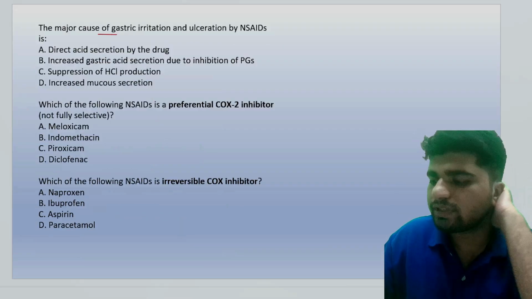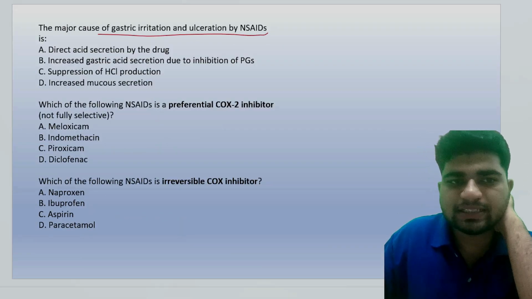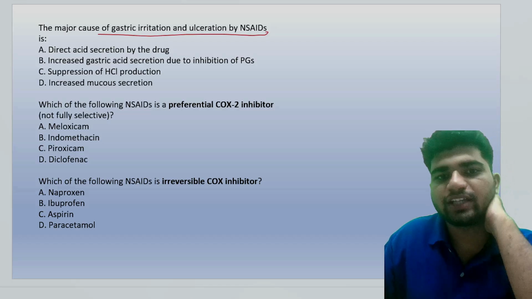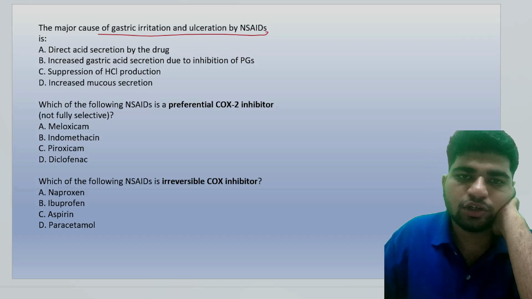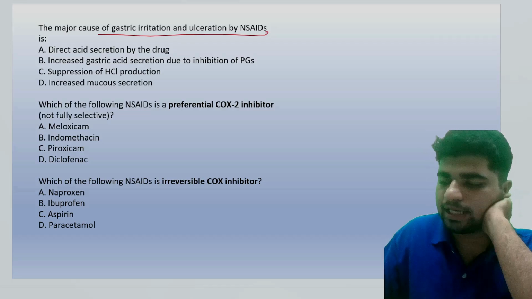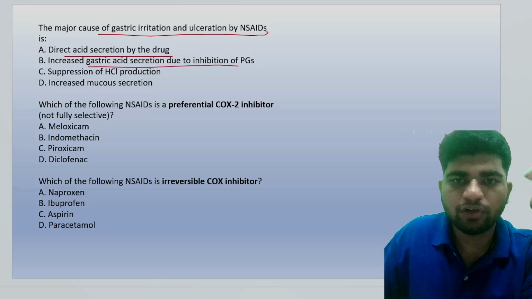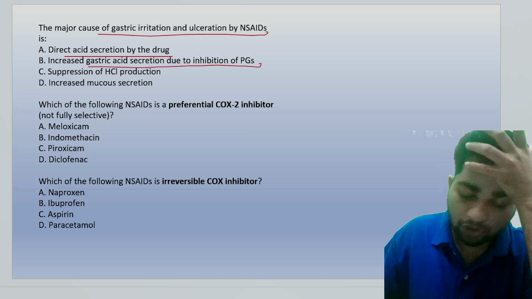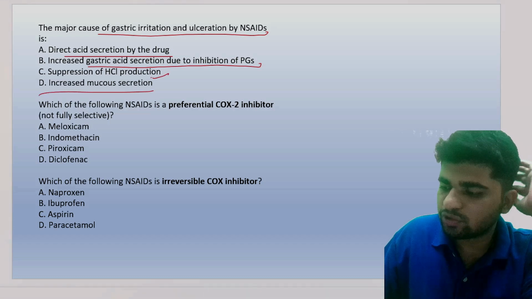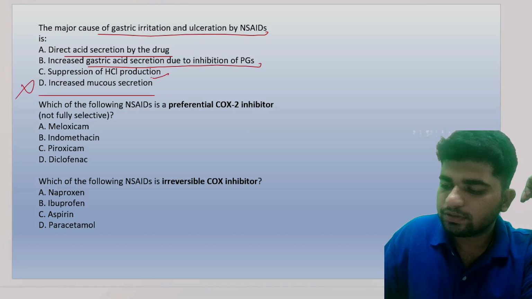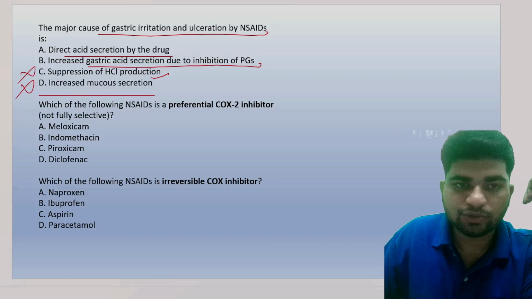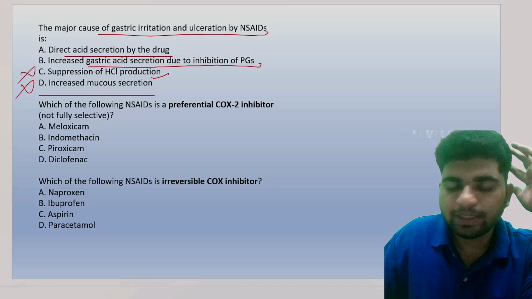The major cause of gastric irritation and ulceration caused by NSAIDs is: direct acid secretion by the drug, increased gastric secretion due to inhibition of PGs, suppressed HCl production, or increased mucus secretion. Direct acid secretion by the drug?